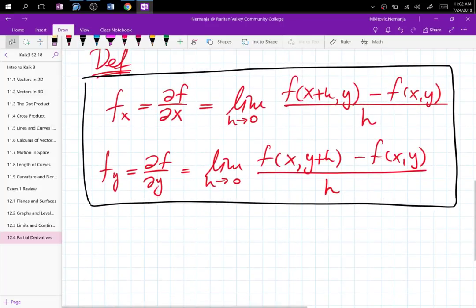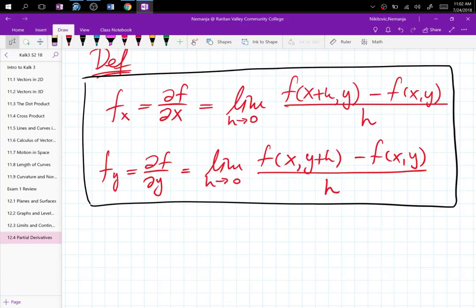So now that we have the definition for the derivative, this is the official definition, now we can go back and deal with calculation. Now, calculation, as I said, for partial derivative of x, keep y a constant. So some terms will completely be gone because they will only have y.